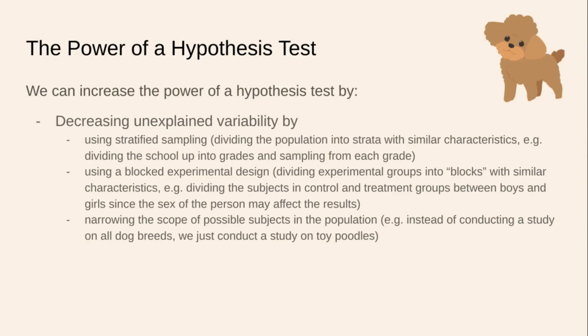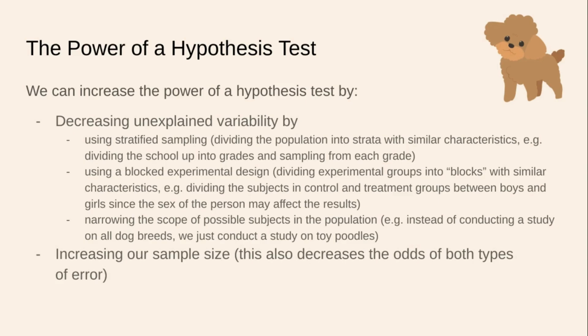It would be kind of ludicrous to apply those results to pit bulls or Great Danes or golden retrievers or even other toy dogs like pugs. Dogs come in all different shapes and sizes, and it would be unwise for us to expand our results to apply to all dogs. We would just be applying them to toy poodles. What it does do, though, is limit unexplained variability and make our results more clear, especially when studying a population as diverse as the world of dogs.